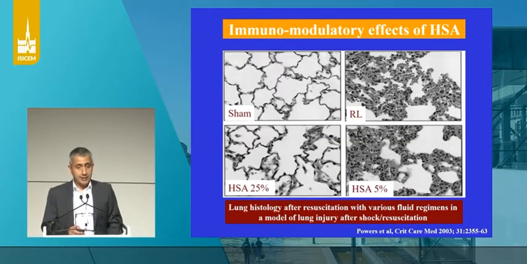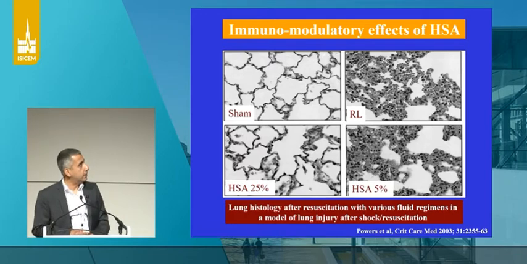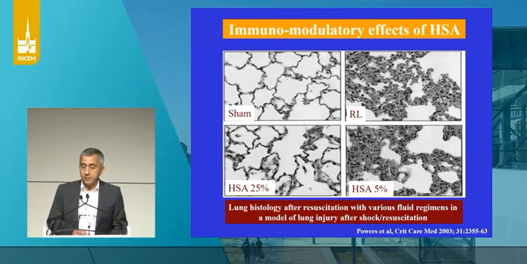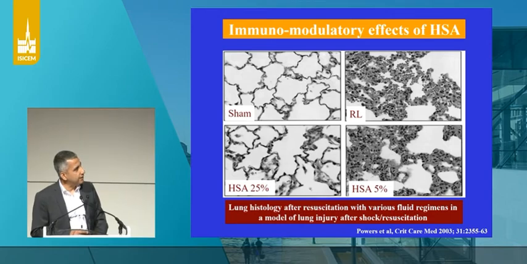In this nice experiment of sepsis and acute lung injury, you can see very nice sections of the lungs of these experimental models, which are resuscitated with Ringer's lactate: a lot of inflammatory cells in the alveoli. But if you do the same experiment and resuscitate the animals using 5% human albumin, you have a little bit less inflammatory reaction and fewer inflammatory cells.